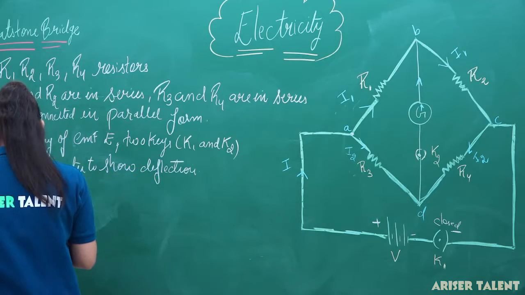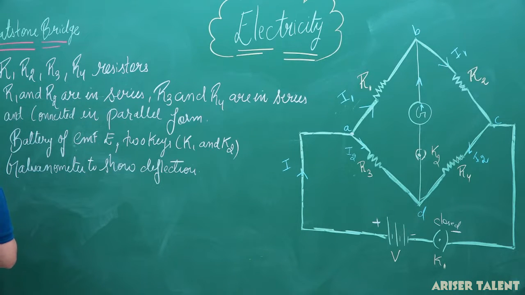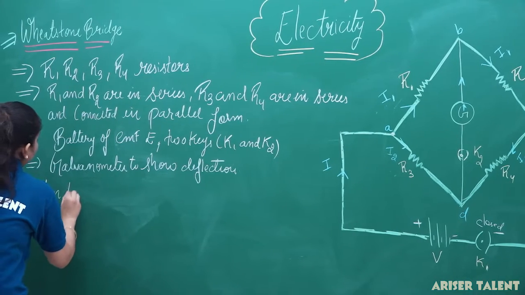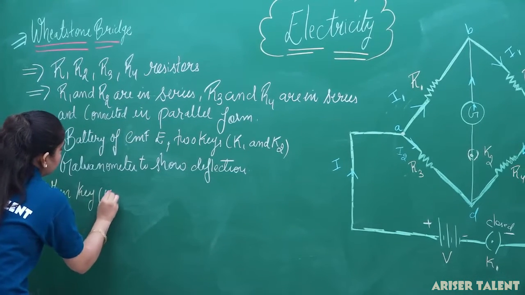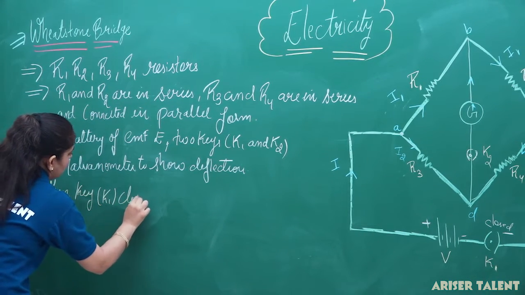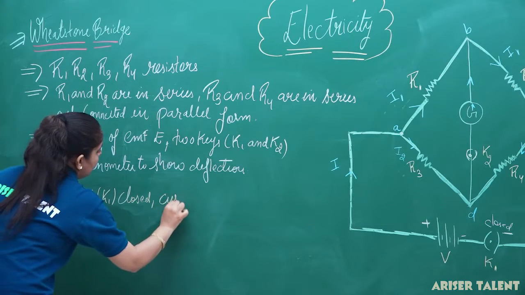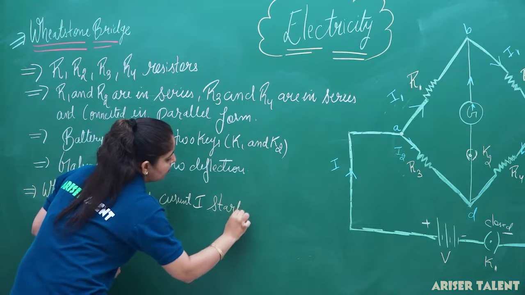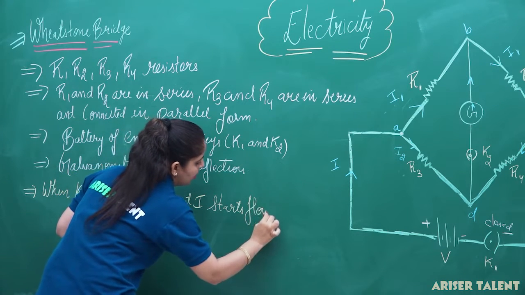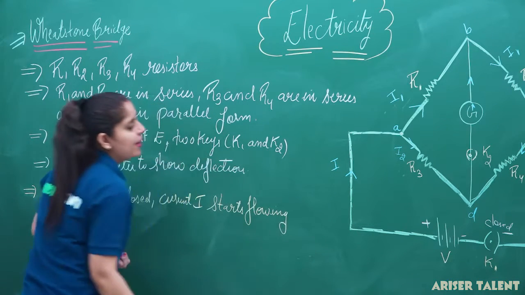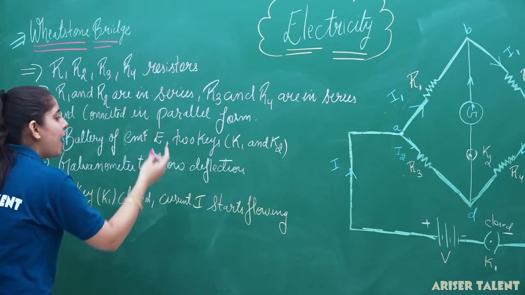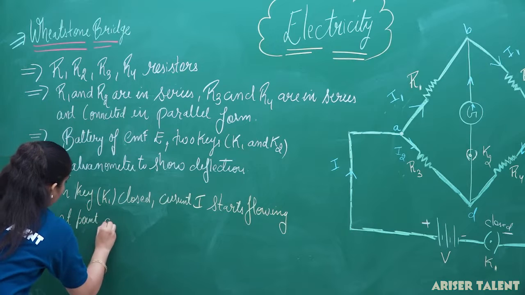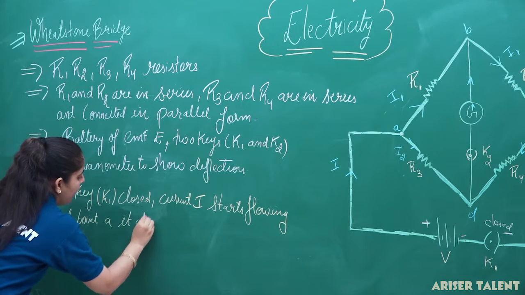So we can write here, when key 1 is closed, current I starts flowing, and whenever this current starts flowing, at point A it divides into two parts.